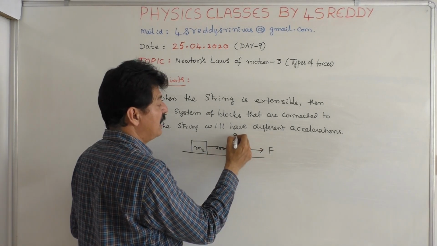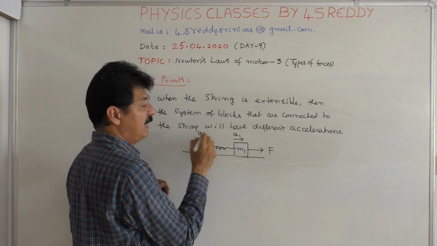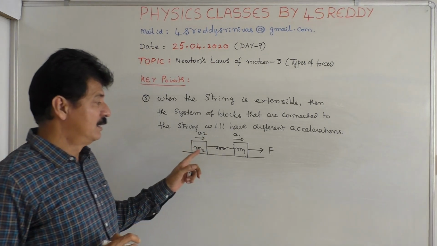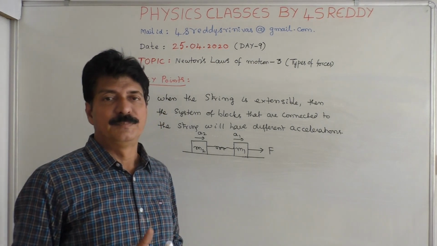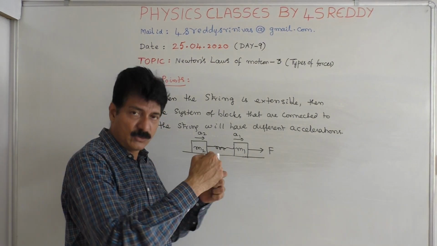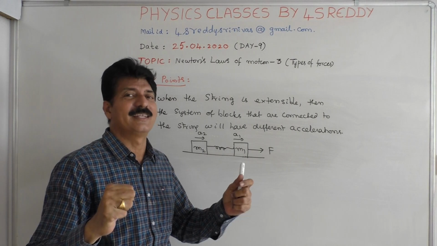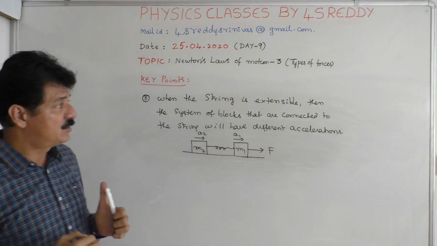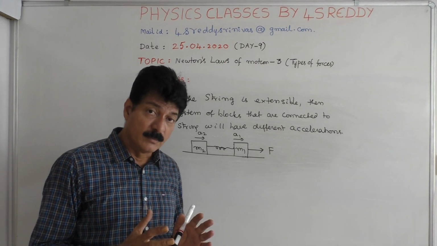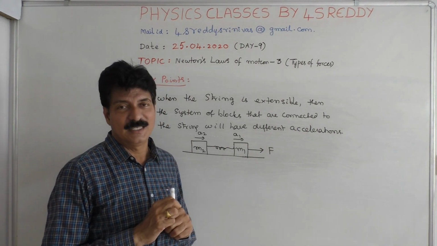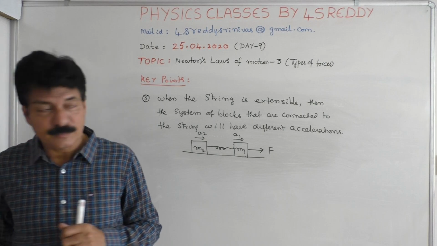At that instant, the accelerations become A1 and A2. For our convenience we are taking a spring, so that you can observe the elongation. So, when the string is extensible, the system of blocks connected to the string will have different accelerations.